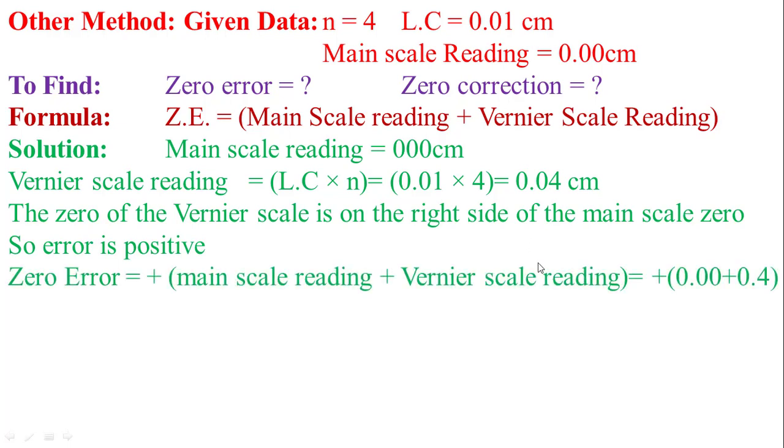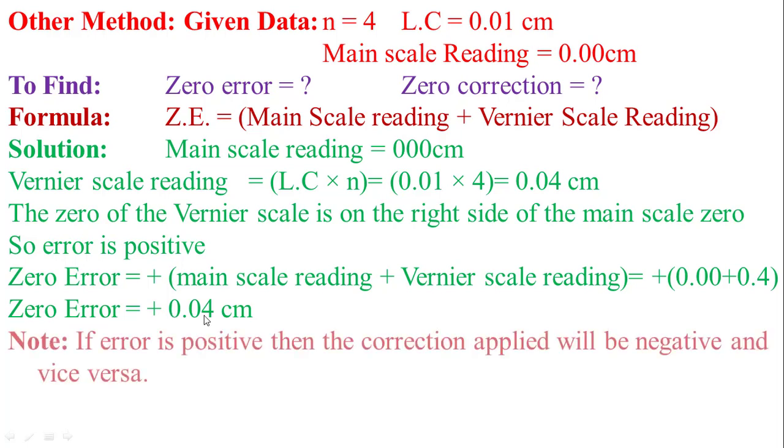Then zero error is equal to positive main scale reading plus vernier scale reading. Main scale reading is 0.00 centimeter plus vernier scale reading of 0.04 centimeter. Then the final answer: zero error is equal to plus 0.04 centimeter.